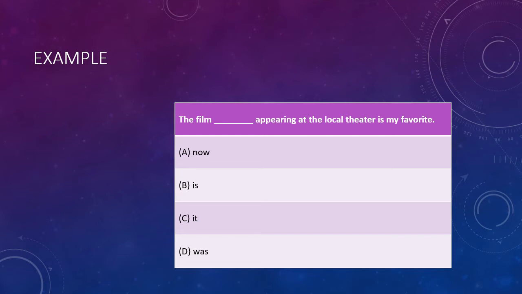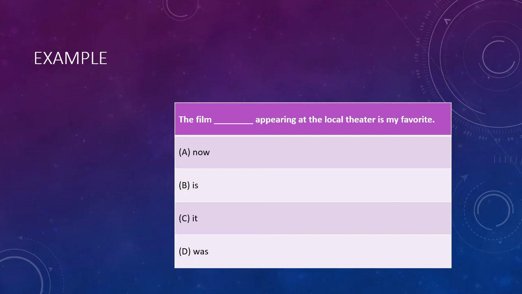To be is always a verb. Okay, so if you have to be, then that's the verb of the sentence. So this one cannot be a verb anymore. So this can only be an adjective. Appearing can be an adjective. Okay, so appearing at the local theater modifies the film.